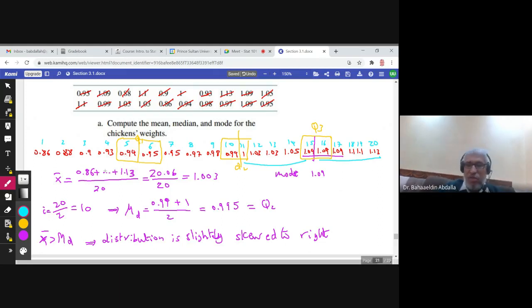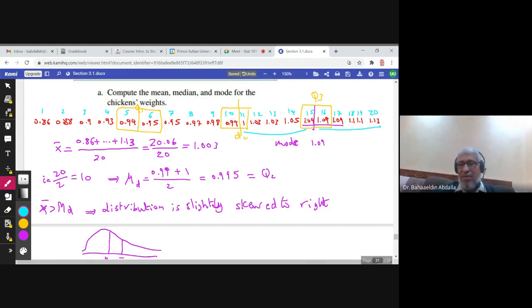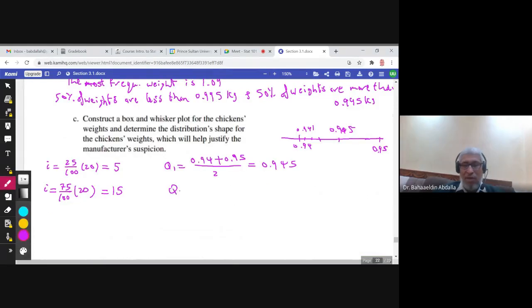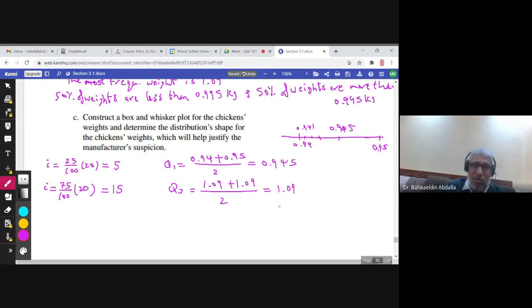So that's good. Now Q3 should be in the middle between 1.09 and 1.09. Well, the number between 1.09 and 1.09 is in fact 1.09, because there is nothing in between. But if you use the formula, add and divide by 2, you will get also 1.09.